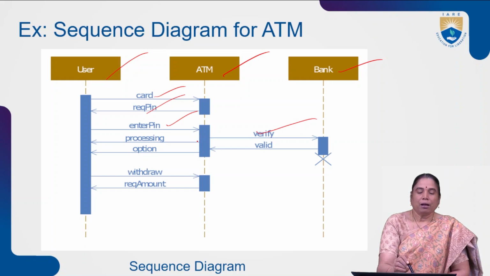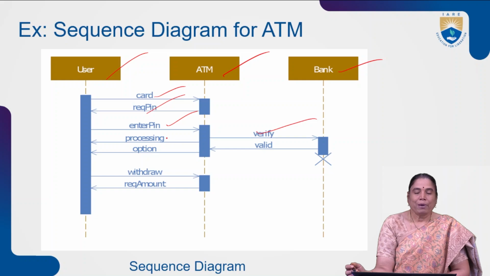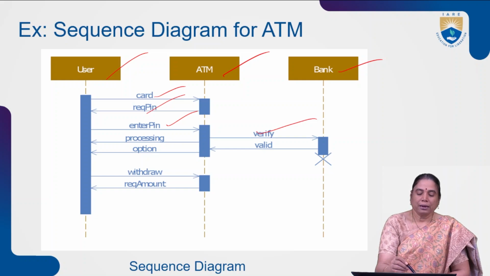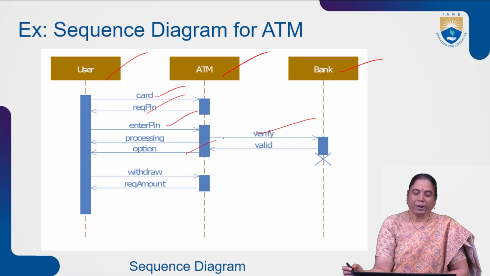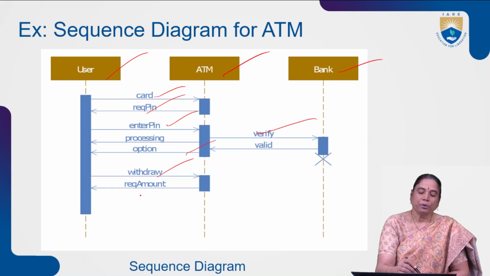Then, if it is a valid case, that has to be fed back to the user, and the next option must be opened. So the withdrawal option is selected by the user, and the amount to be withdrawn must be given as a request, so that the amount can be withdrawn by the user.